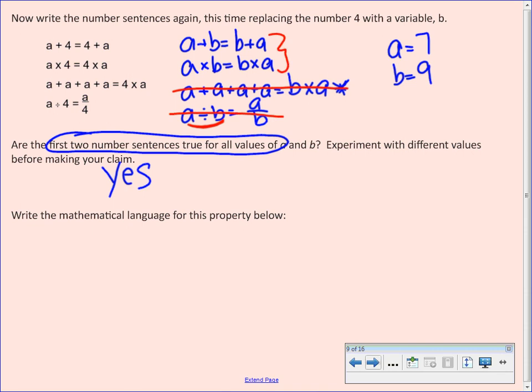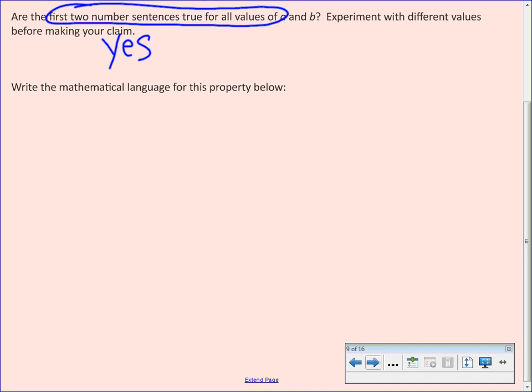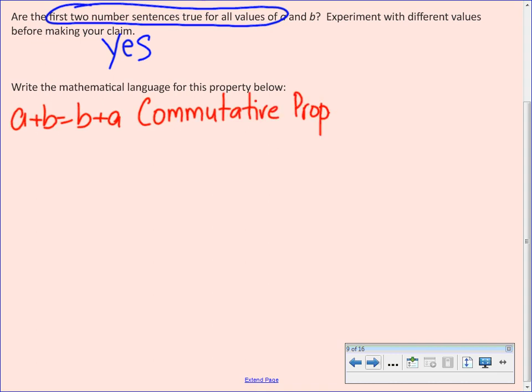So if we look at these two examples, we see that order doesn't matter. If we plugged in numbers, we would be able to prove those, but for time's sake, you can do examples in your head. So this is called A plus B equals B plus A. That's called the commutative property of addition.